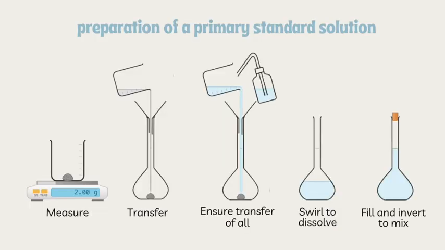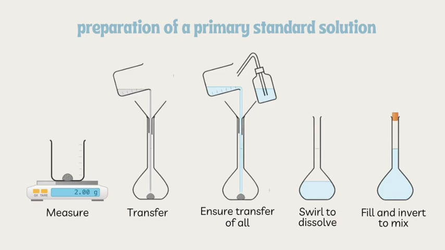So preparation of a primary standard, I'm going to demonstrate this for you in an experiment very shortly, but just to give you a little overview first, is that we measure out what it is that we're using. So whether it's the sodium carbonate or sodium chloride, whatever it is we're using, we measure that out. We transfer it into a volumetric flask.